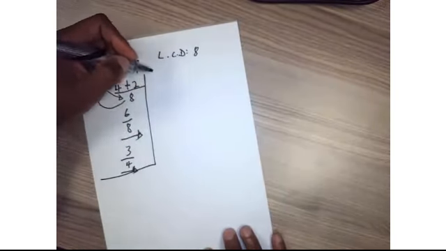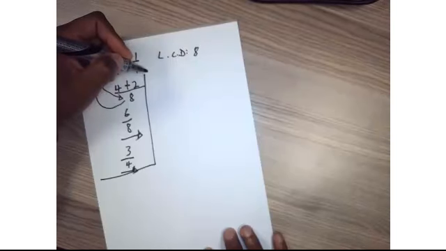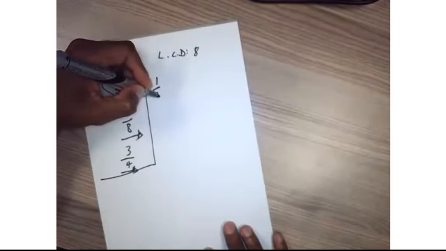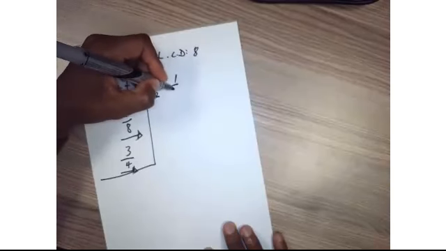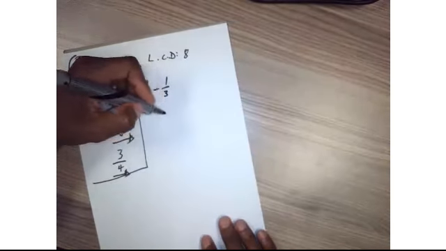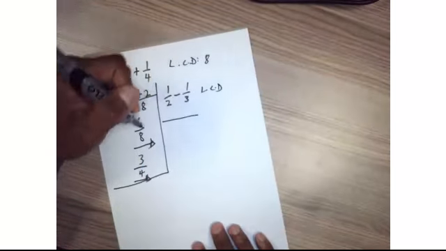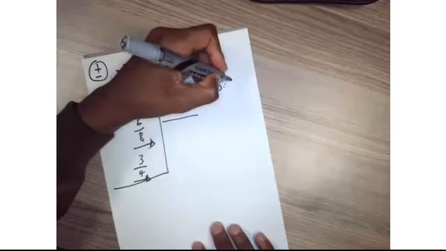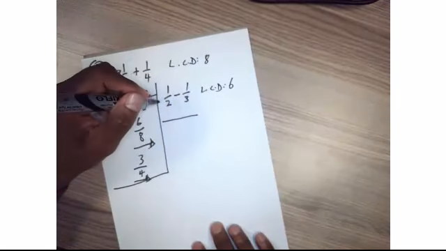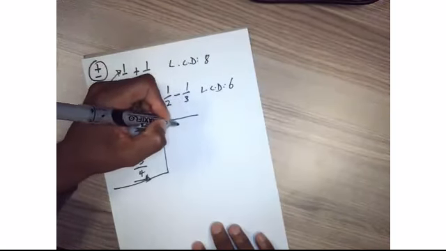Second example, 1 over 2 minus 1 over 3. Right? What is the lowest common denominator? 6. 6 is divisible by 2 and 3, right?